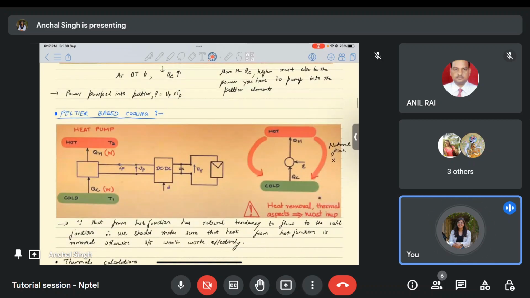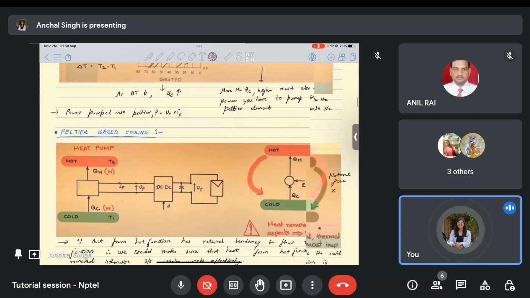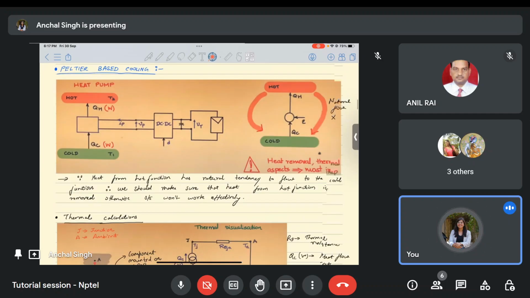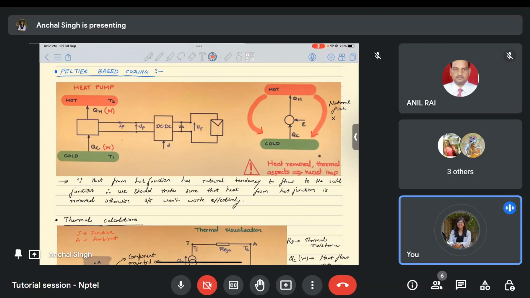The power pumped into the Peltier module, as you can see in this diagram, is Vp into Ip, the product of the voltage applied across the Peltier terminals and the current flowing through it. Looking at a schematic diagram, suppose we want to interface the Peltier module with solar PV, which is abundantly available.